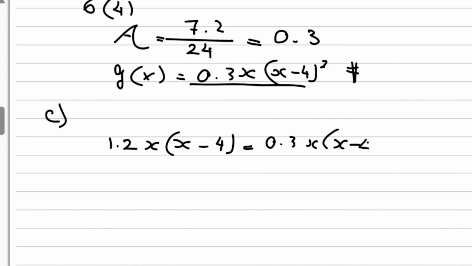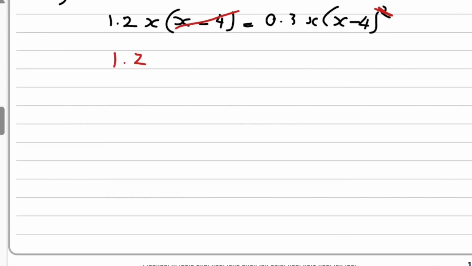Before thinking of anything, cancel this with the square. x minus 4, and one of the x minus 4 here will cancel. So you'll have 1.2x equal 0.3 x times x minus 4.